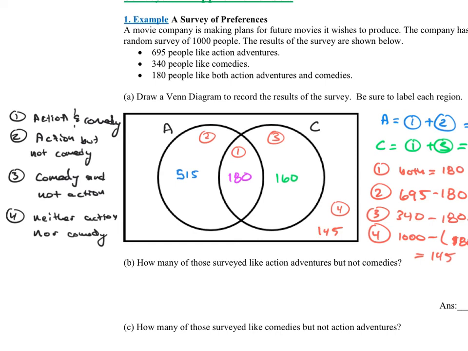If I said action or comedy, well, or is the union, so that would be regions 1 plus 2 plus 3. What if I said not comedy? Not comedy would be regions 2 and 4, and you would just add them together.